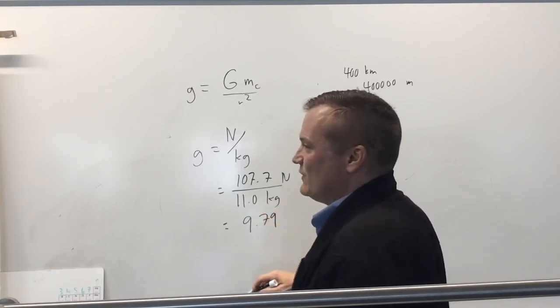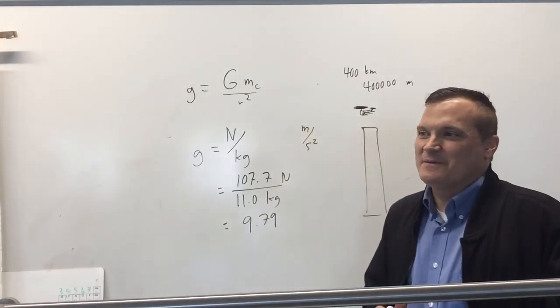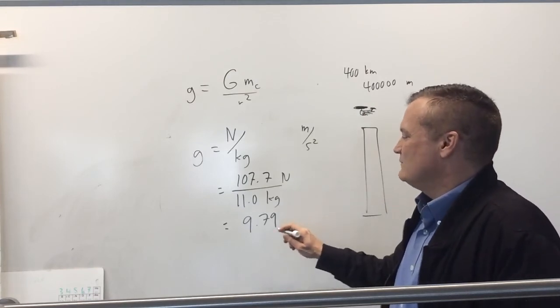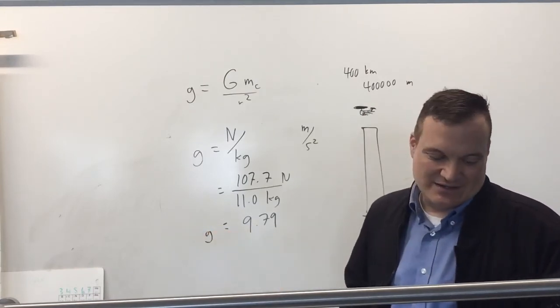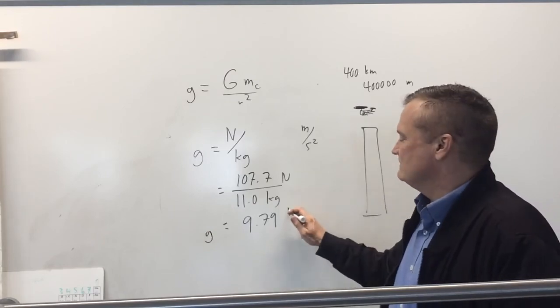So not 9.81, but a little bit lower than that. Again, 9.79 would be the acceleration of gravity, or the gravitational field at that location.